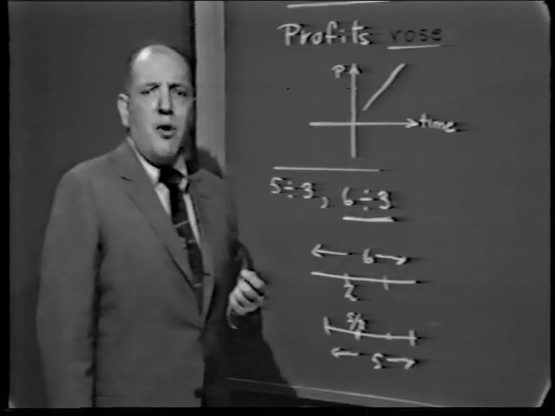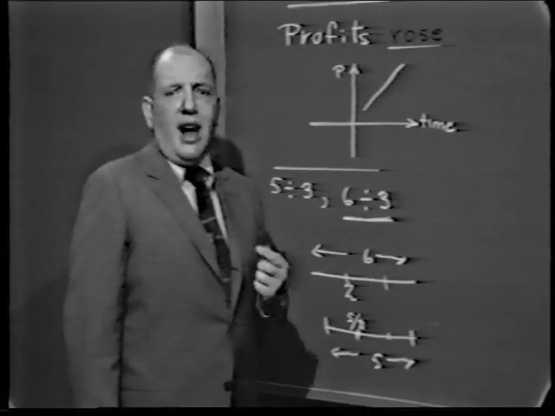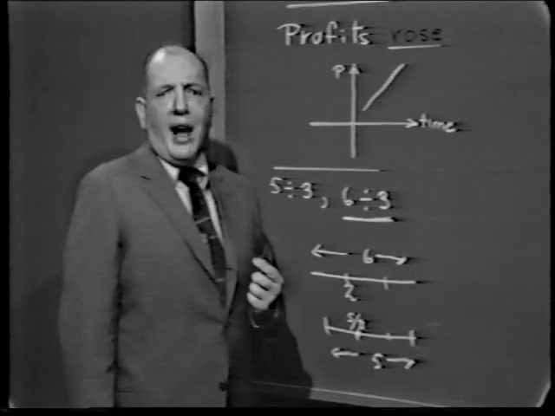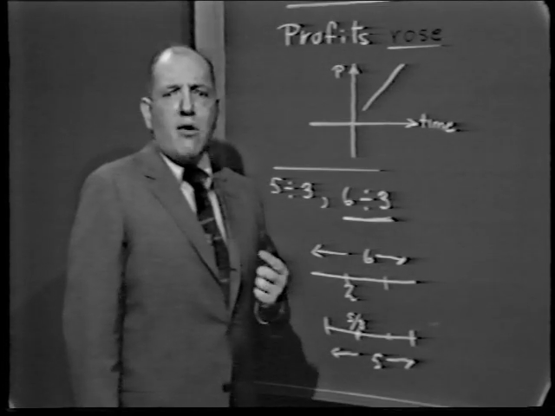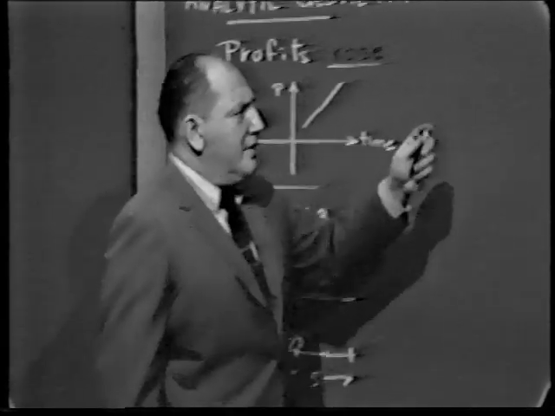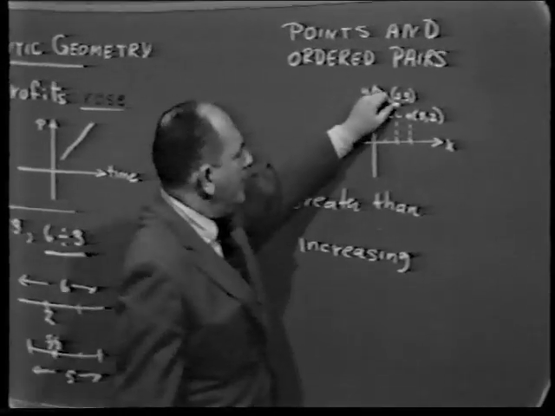Now, in the same way that we can think of a single number as being a point on a line, we can think of a pair of numbers, an ordered pair of numbers, as being a point in the plane.